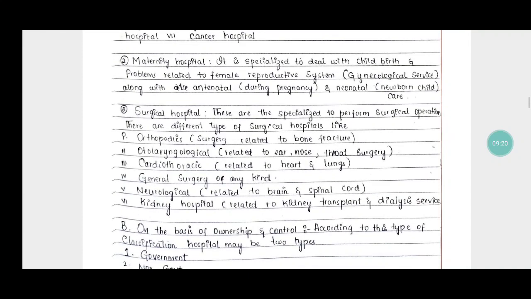So the surgical hospitals are specialized to perform surgical operations. There are many types of surgical hospitals like orthopedics and cardiothoracics, general surgery of any kind, neurological, or the kidney hospital, which is related to the kidney, as well as the dialysis services.